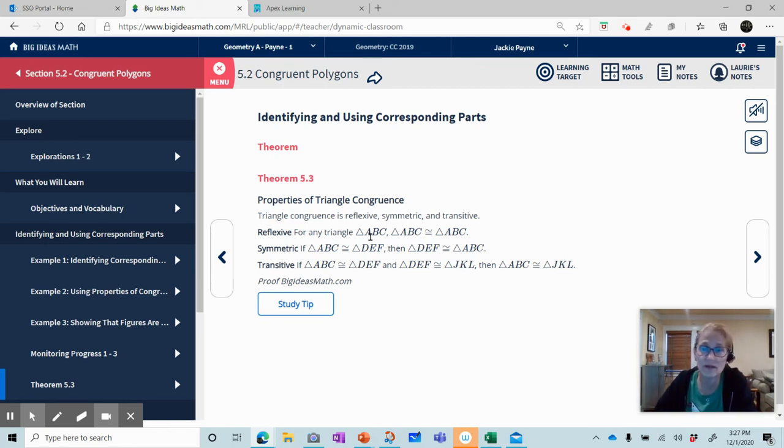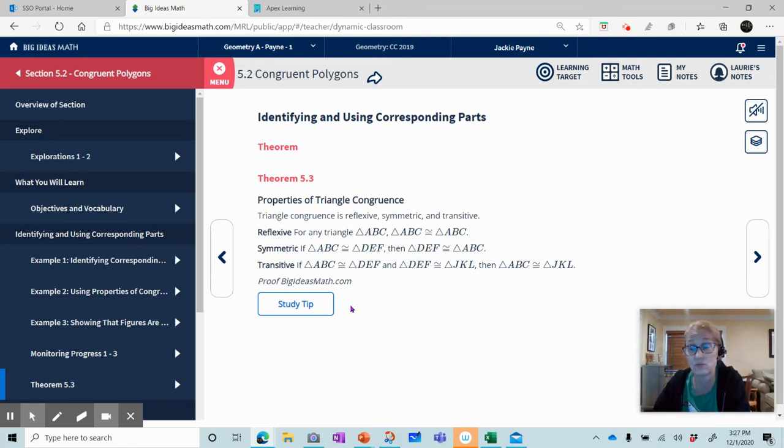Triangle ABC is congruent to triangle ABC. If ABC is congruent to DEF, then DEF is congruent to ABC, symmetric. And transitive: if ABC is congruent to DEF and DEF is congruent to JKL, then ABC is congruent to JKL.